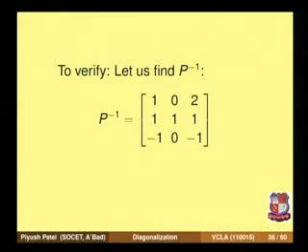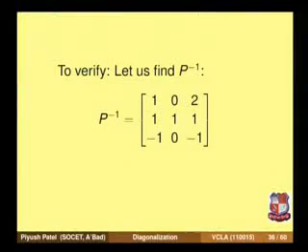Put the matrix P and the identity matrix I side by side, and then keep applying the same elementary operations on both at the same time, to convert the matrix P into its reduced row echelon form, that is the identity matrix. When your matrix is reduced into the identity matrix, the alongside identity matrix gets converted into the inverse of the matrix P. So by elementary transformations also you can easily find the inverse.